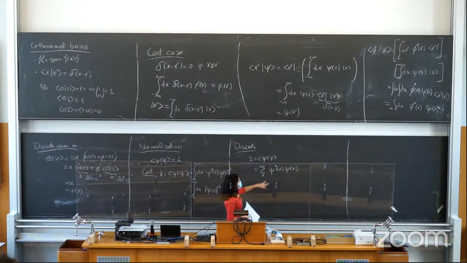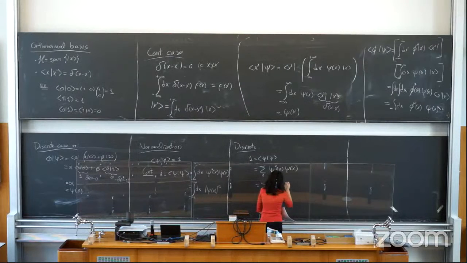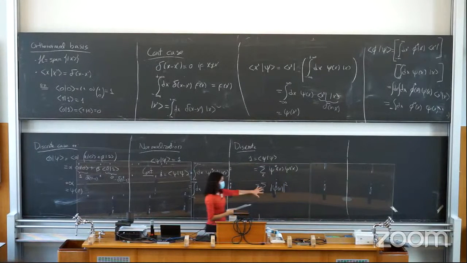So in the qubit case it was alpha star alpha plus beta star beta. The difference between here and here is that this X takes discrete values here, and there it takes continuous values. Yeah. And again, this is a number times its complex conjugate. So it means that this sum must be 1.